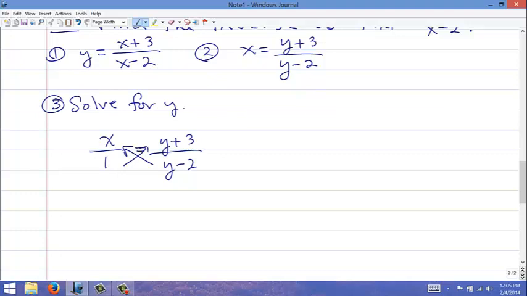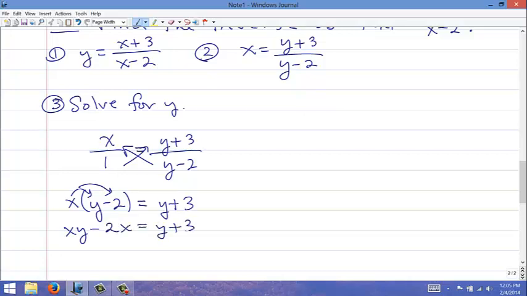So if we cross multiply, we're going to get x times (y minus 2) equals, well, 1 times (y plus 3) is just y plus 3, so that's okay. Now all the fractions are gone, so eventually we just want to get all the y's to one side, but first we have to distribute this x inside. So xy minus 2x equals y plus 3.